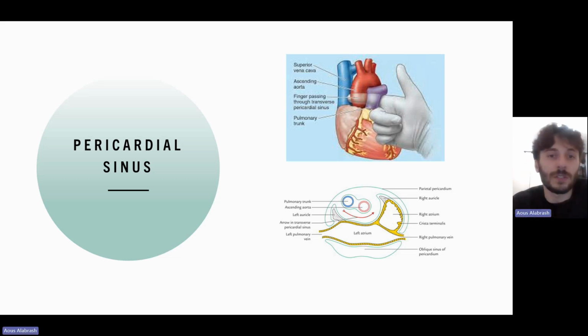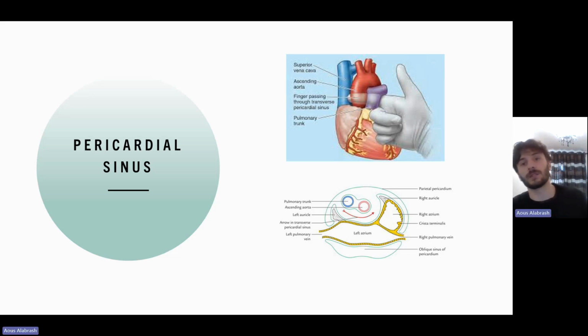In the illustration, you can see how you can put your finger behind the aorta and the pulmonary trunk, and that's what's known as a transverse pericardial sinus. In the picture below, which is more of a transverse section, we have the pulmonary trunk and the aorta, and you can see the passageway, the red arrow, behind them, and this is the transverse pericardial sinus.